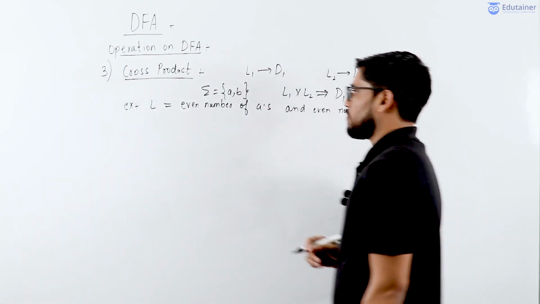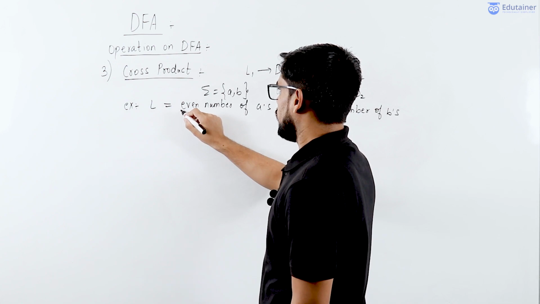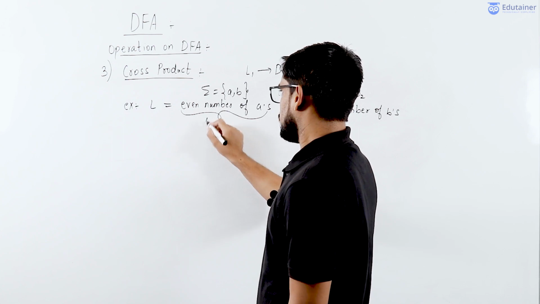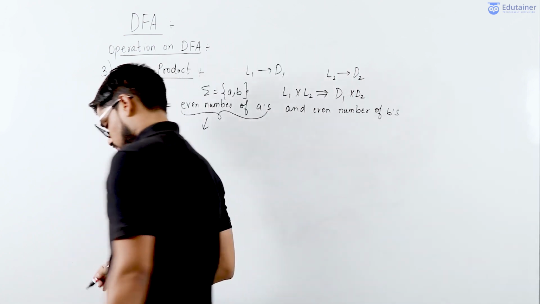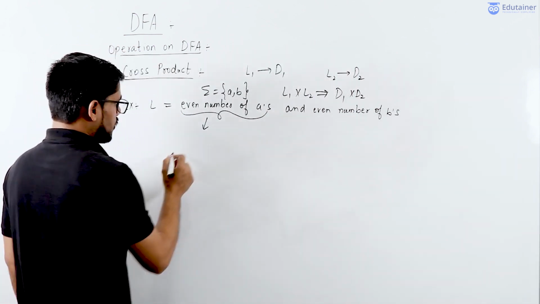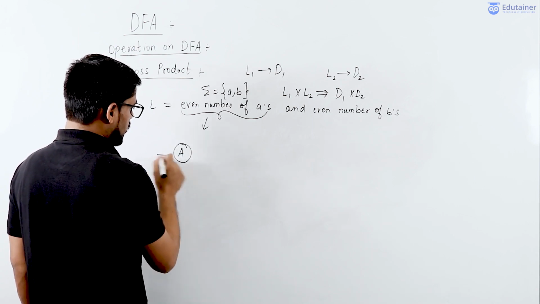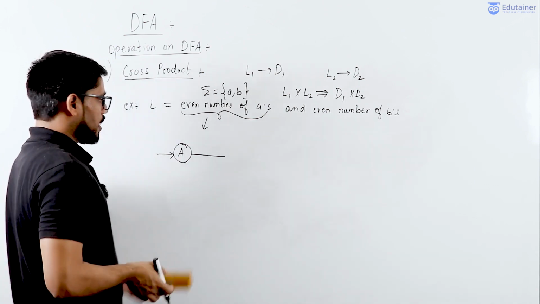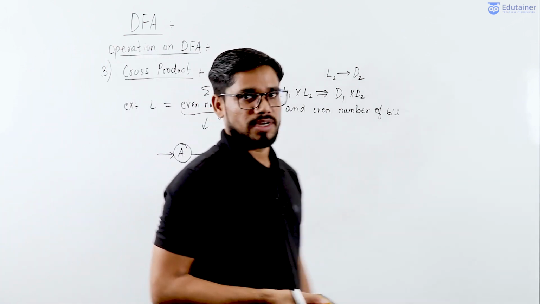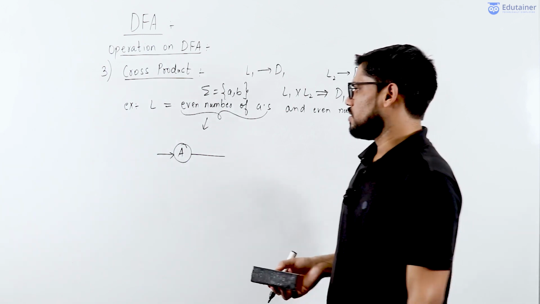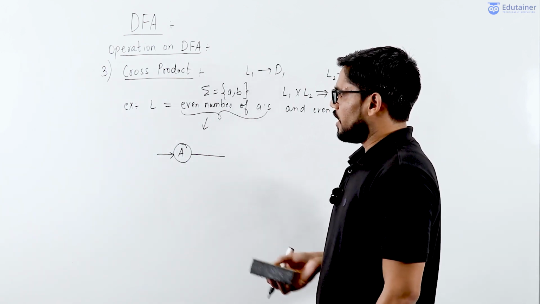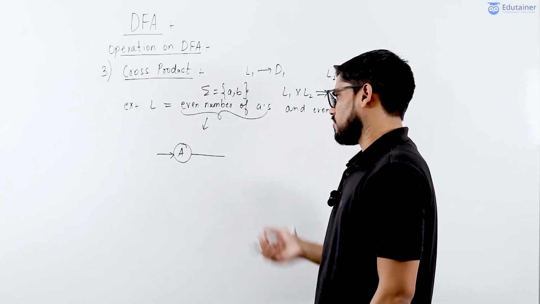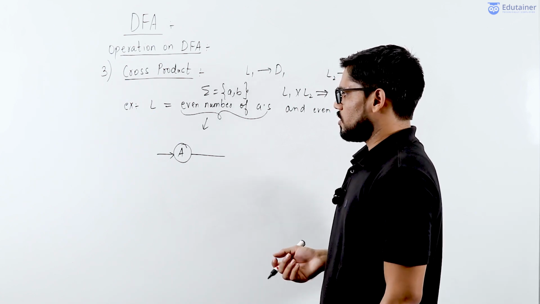If you draw the DFA for even number of A's, you will get this transition diagram, with capital A as the initial state. Why do I always take capital A, capital B as state names? You can take any random letter as a state. It doesn't matter.